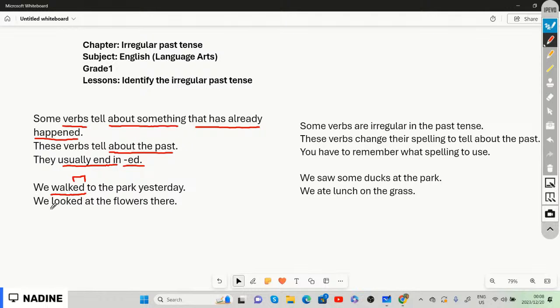Another example: we looked at the flowers there. So looked is our verb. It's something that they did. And there you can also see it ends in ed.